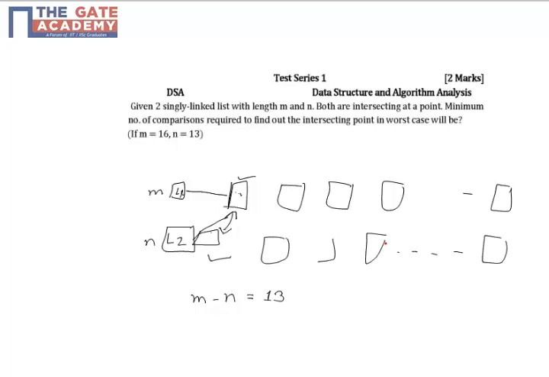So I will compare only 13 nodes in this question to get the intersecting point. In the worst case, the intersection will be at my last node, that means both nodes will have the same address. So the answer for this question is 13.